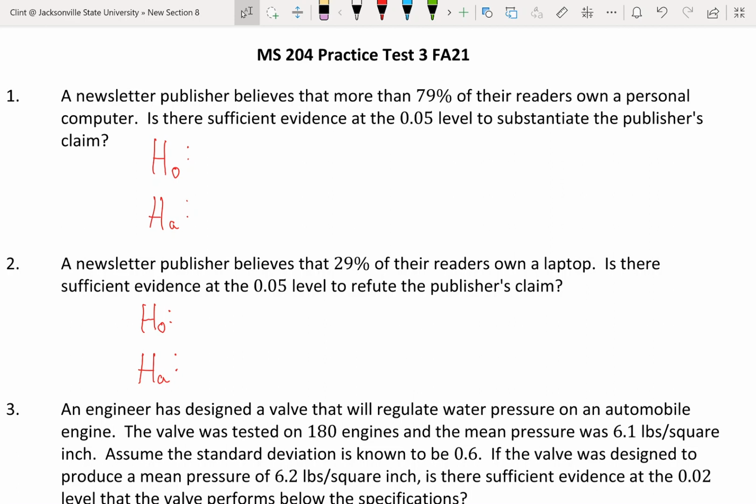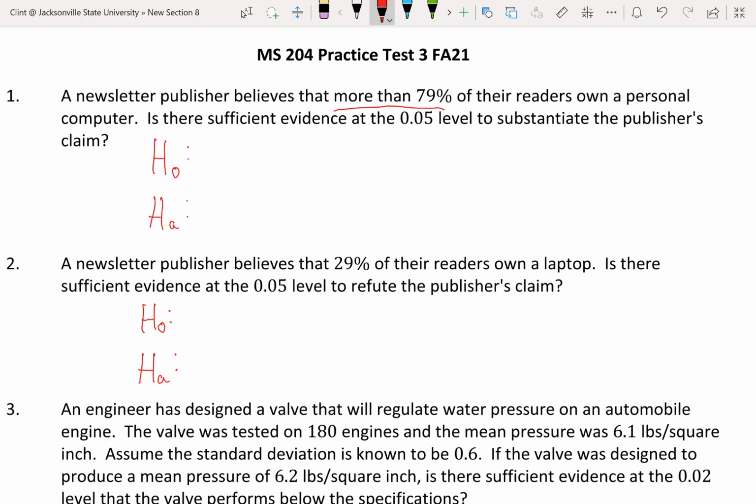Okay. Number 1 says a newsletter publisher believes that more than 79% of their readers own a personal computer. That's really the only part we need to focus on. So the claim that we would test here is that more than 79% own a personal computer.